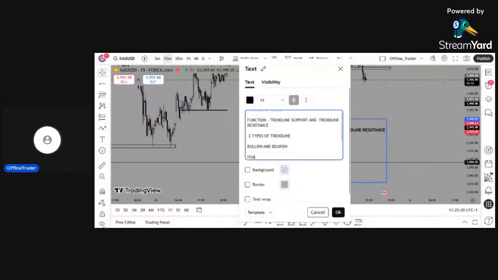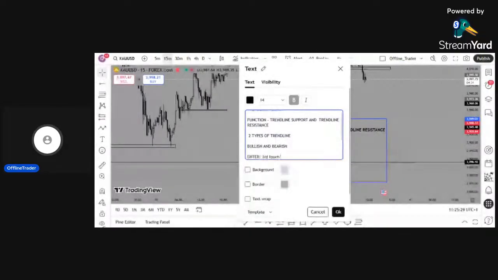So when is the point of action? When is the entry? When are you supposed to take action? Is it the first touch of the trend line, second touch, third touch, fourth touch or the fifth touch?